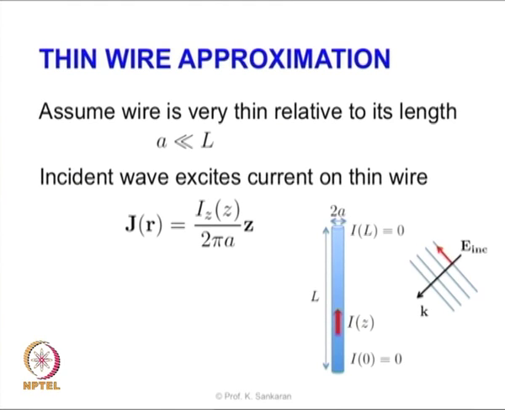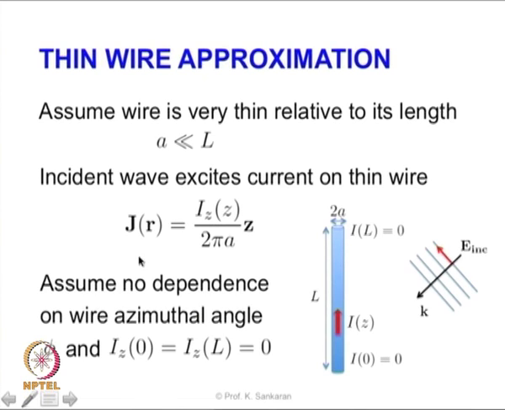So what happens here is the J of r is going to be given by the expression Iz, which is a function of the z axis, divided by 2 pi r, where r is equal to the radius a, and z of course is the direction of the J vector.